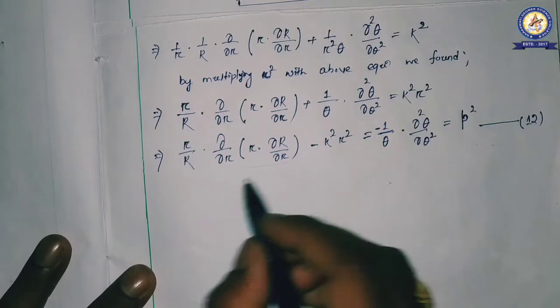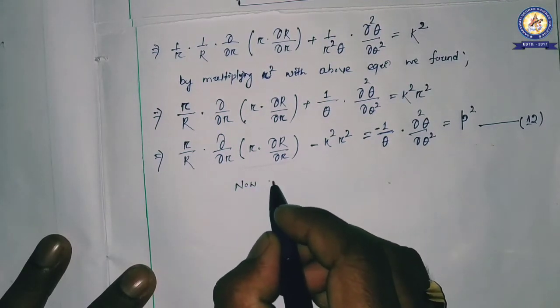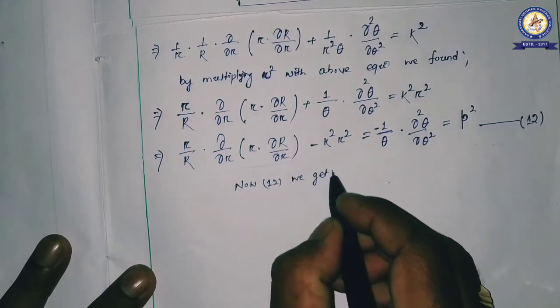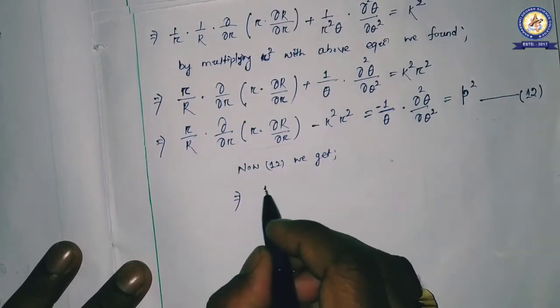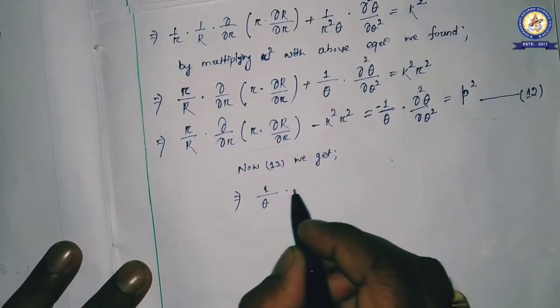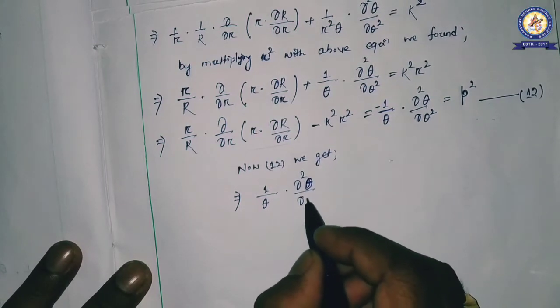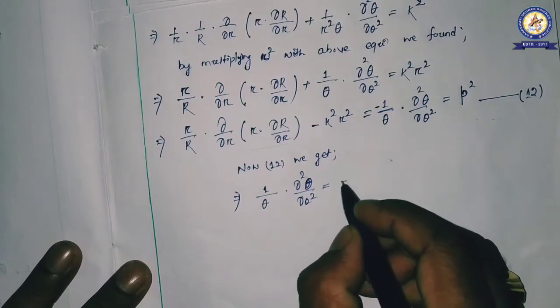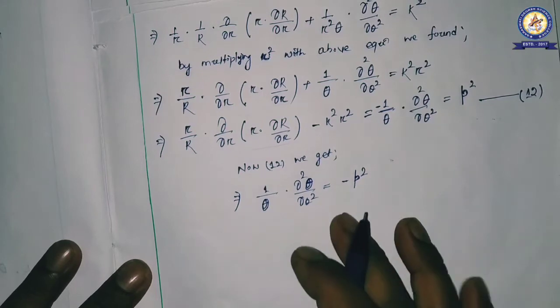Now from equation number 12 we get that this one equal to p square, that means 1 by theta into del square capital theta by del small theta square equal to minus p square. This is capital theta, right?